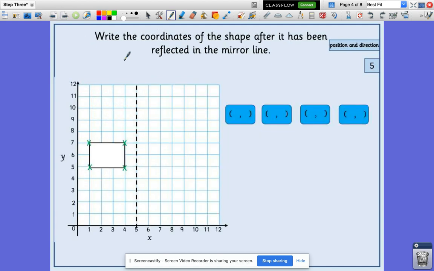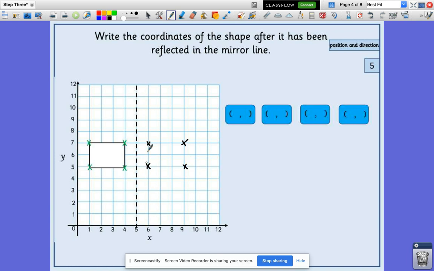This one says write the coordinates of the shape after it has been reflected in the mirror line. So we've got 2 things to do. First of all, we need to reflect it. So we know 1 away, 1 away, 1, 2, 3, 4, 1, 2, 3, 4. 1 away, 1 away, and that's not going to be 4 again. It doesn't really matter which one you write first.